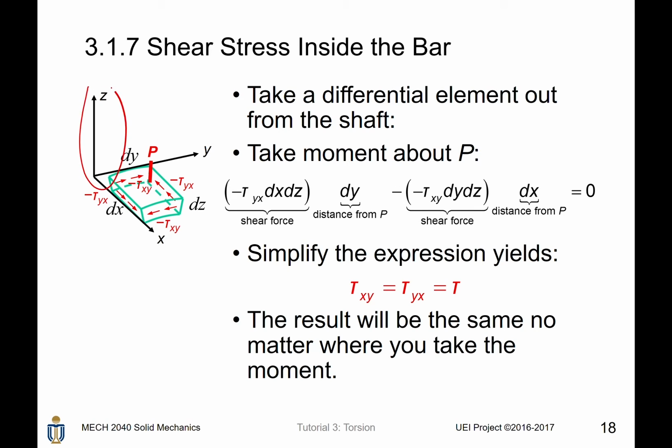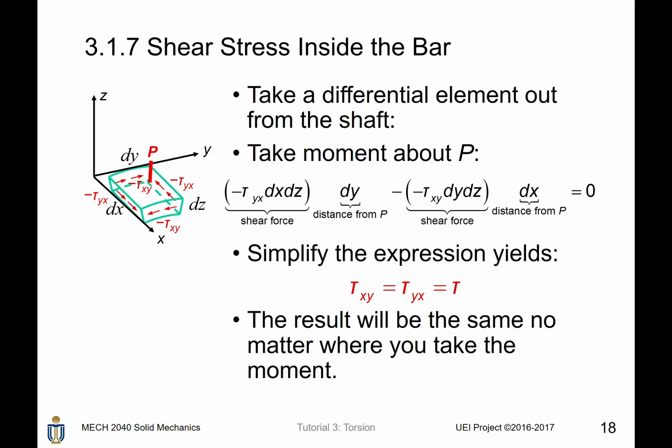For this coordinate system, this shear stress is acting on the positive x surface pointing to the negative y direction. Therefore, it is called negative tau xy. For this tau xy, there will be complementary shear stresses acting on the rest of the three surfaces.